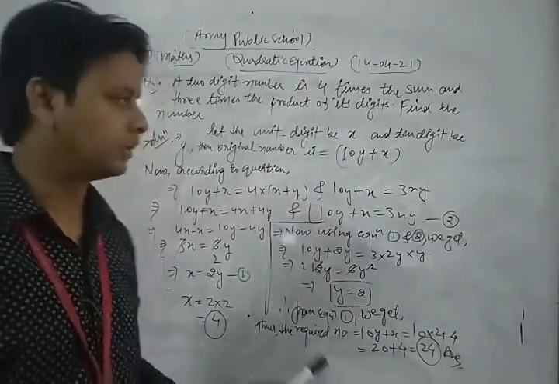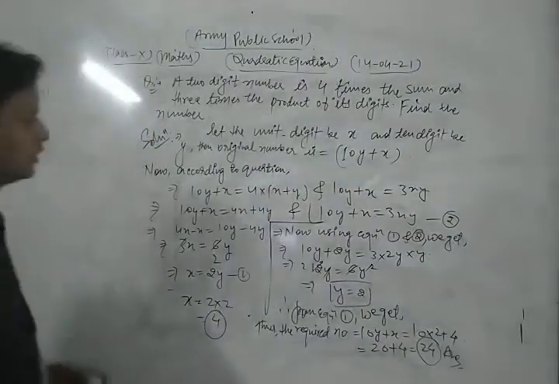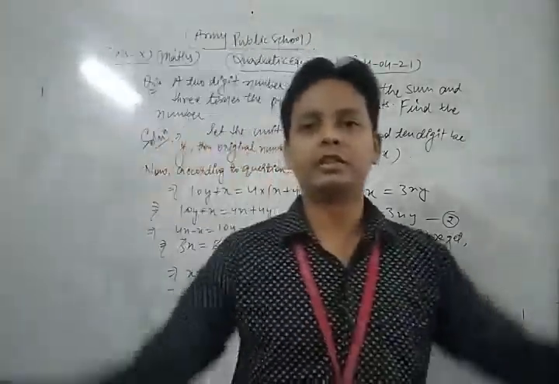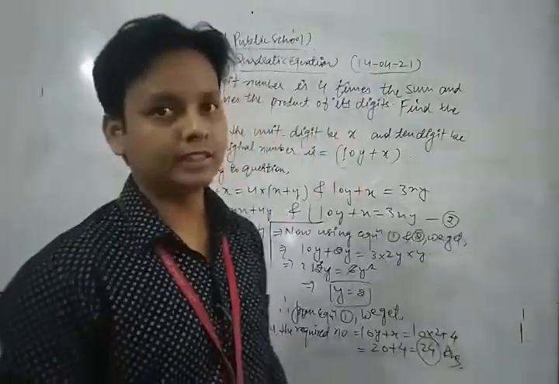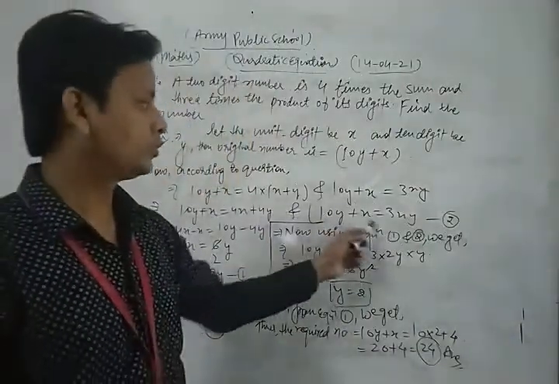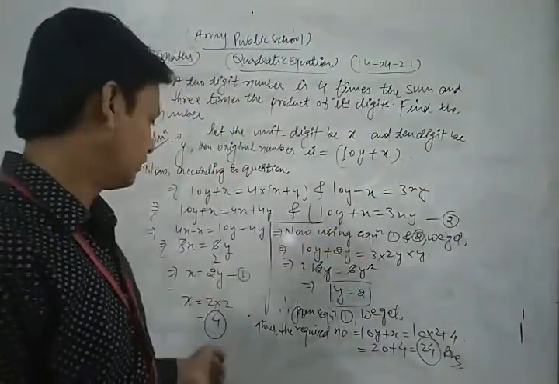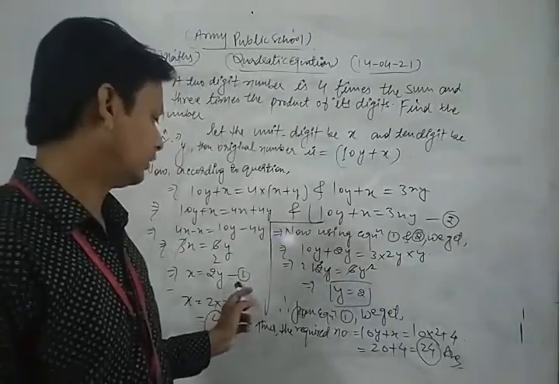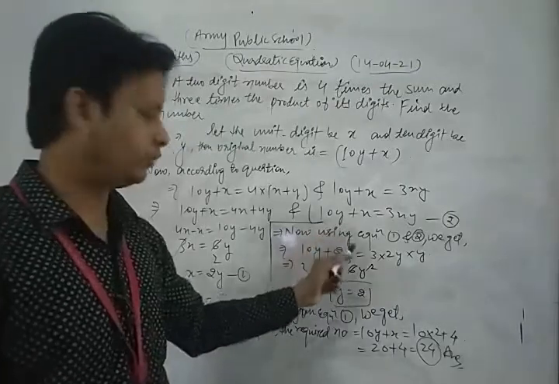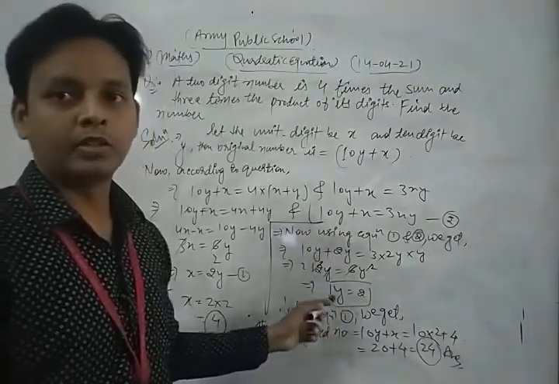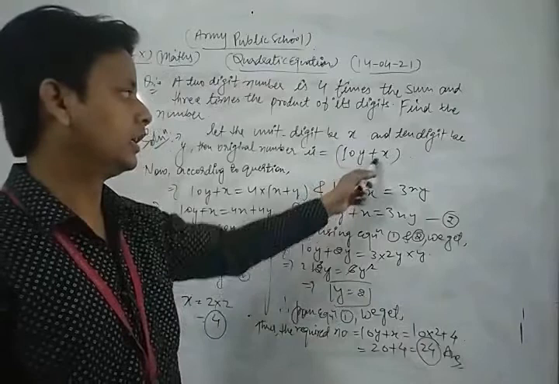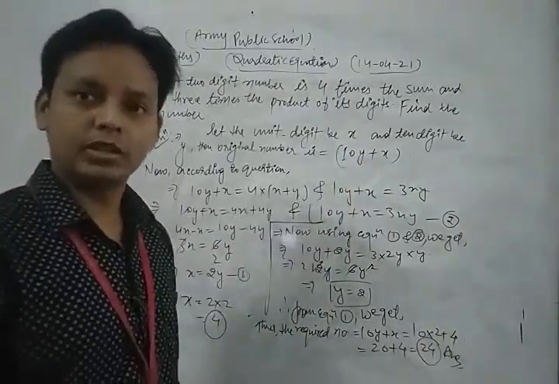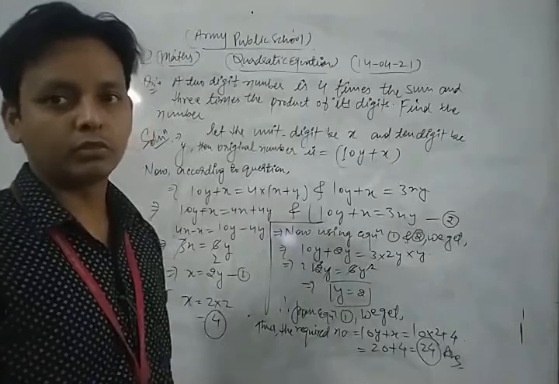After that, according to the question, the 2-digit number is 4 times the sum of its digits and 3 times the product of its digits, so two conditions are formed. After simplifying them, we get the value of x as 2y, then putting the value of 2y in equation 2, we get the values of y and x. Now we put the values of x and y in the original number, so we get our result. This is the process to solve that type of question.